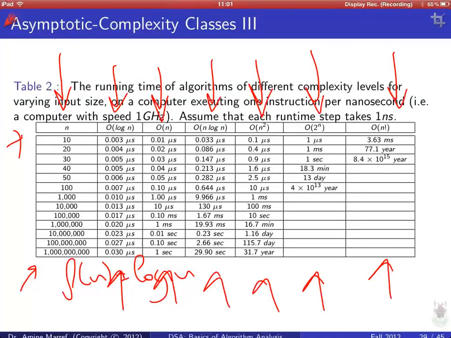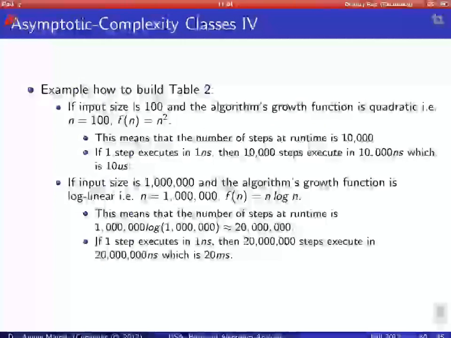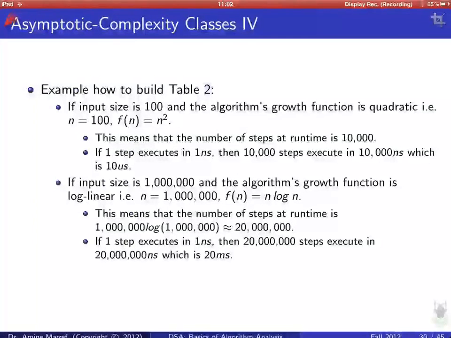When the algorithm is exponential, it starts at 1 microsecond, and when n is just 100, it takes 4 times 10 to the 13 years. Okay, and when n is factorial, and if n is 30, it's gonna take that number of years on a computer which runs at speed 1 gigahertz, like your smartphone.